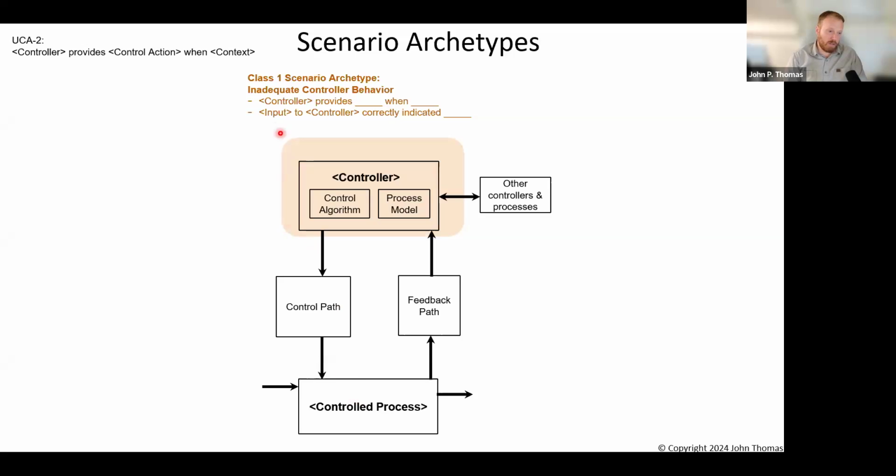This is the class 1 scenario archetype, and it describes inadequate or unsafe controller behavior. The UCA comes out even though the controller had some good information. It wasn't totally missing. It wasn't totally wrong. It had some good information, and it made an unsafe decision as a result. That's a class 1 scenario.